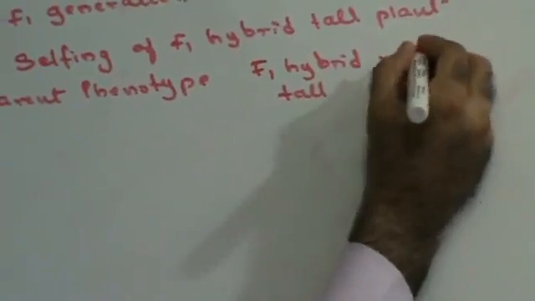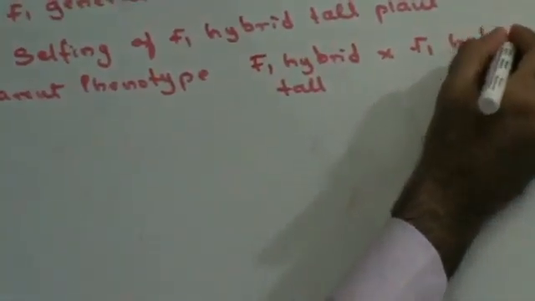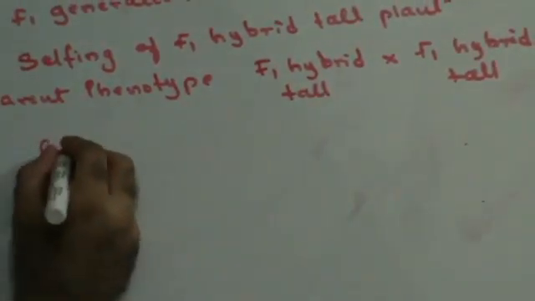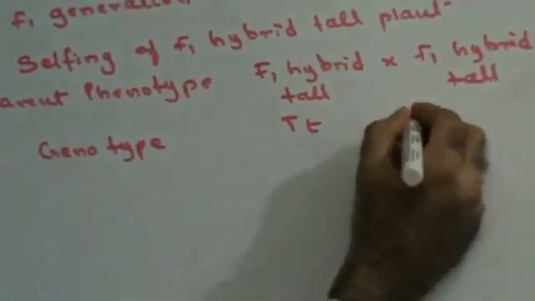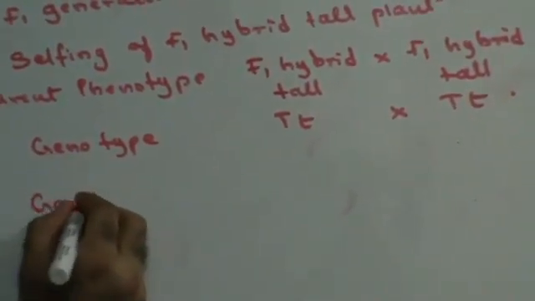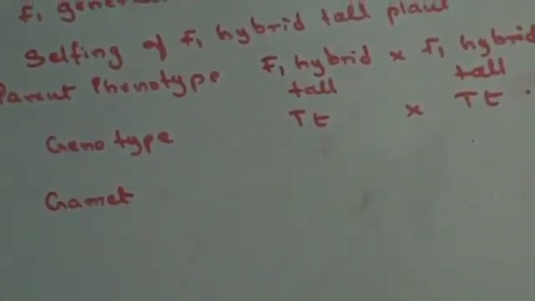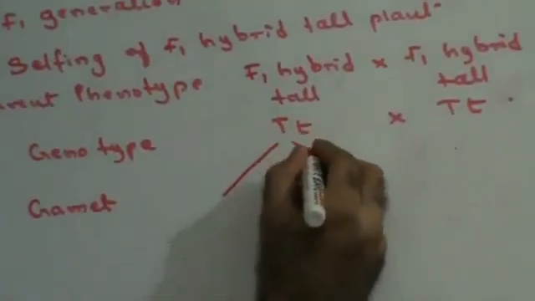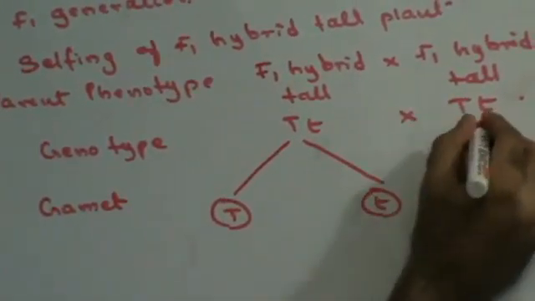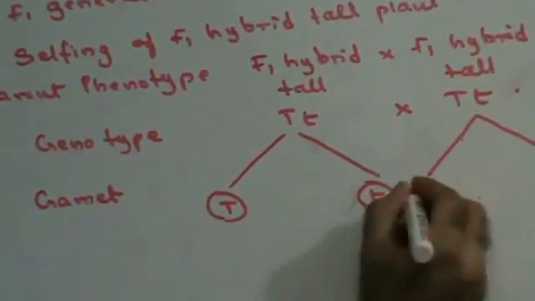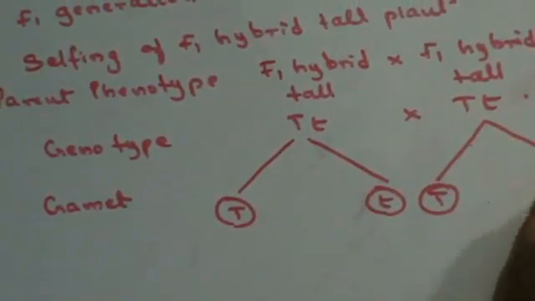I'm doing a cross with another F1 hybrid tall. The genotype is hybrid, that means Tt and Tt. Now, when you have gametes formed, you would have two different types of gametes formed. Either I would have the gamete T formed or t formed. Similarly, in the other one also you would have two different types of gametes formed, T and t.